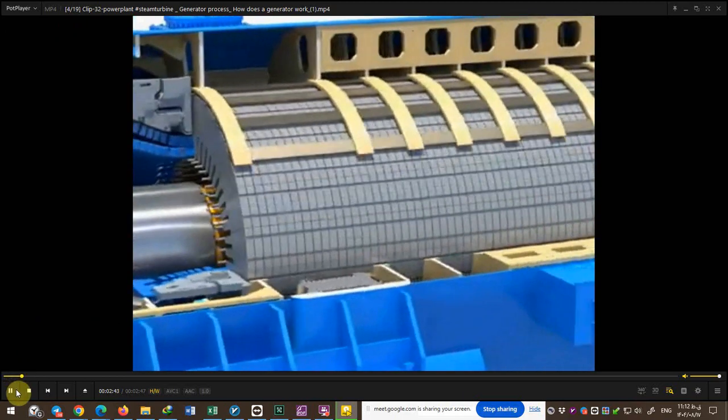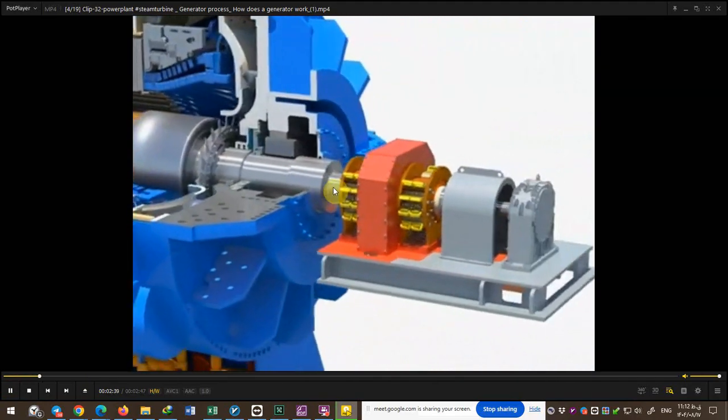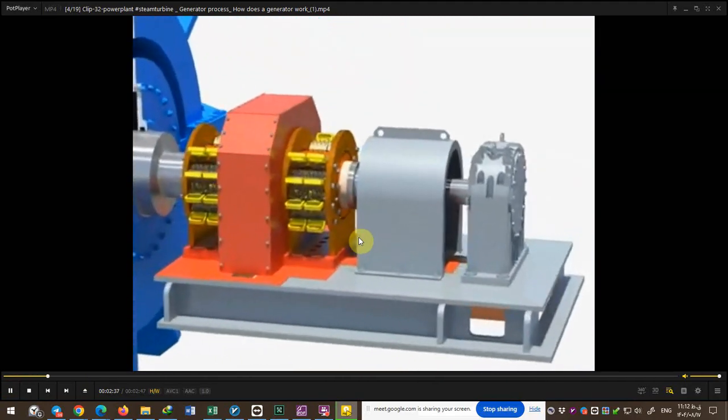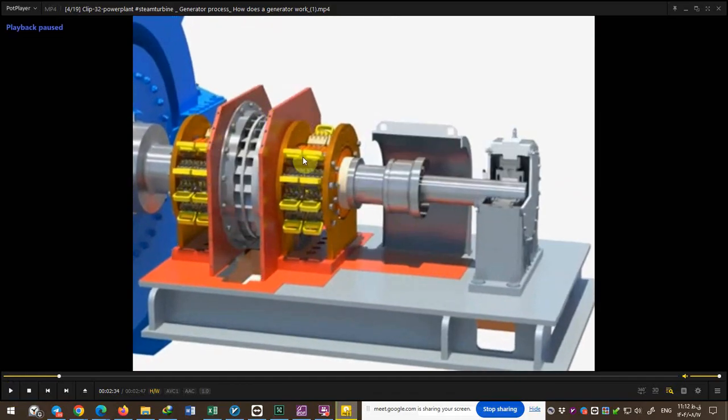For example, here, this is a synchronous generator and its rotating part, and this is called the excitation circuit.